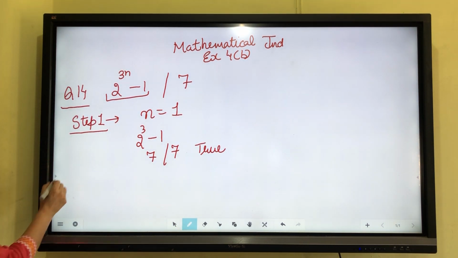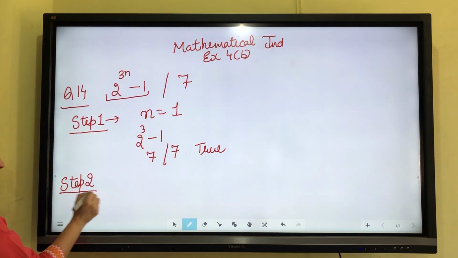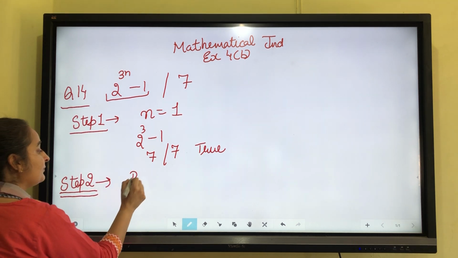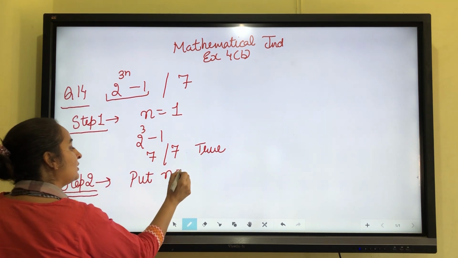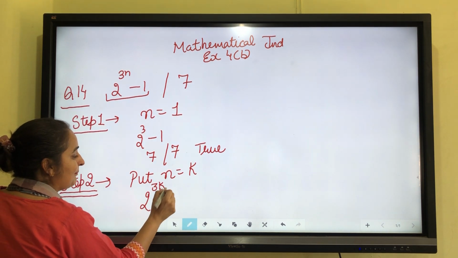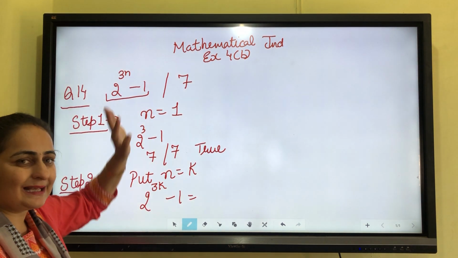Now let's consider the second case. There is no change. The second step is the same as in the question we had already done in the last lecture. What's the second step? Put n is equal to k. The question is 2 to the power 3k minus 1, but here we want to find whether the number is divisible by 7.